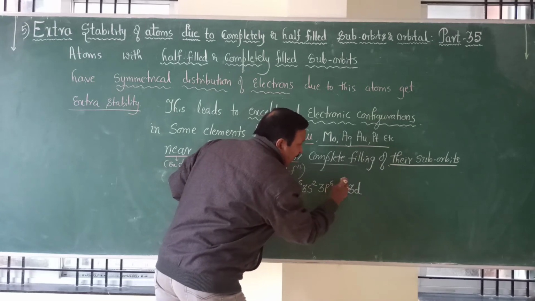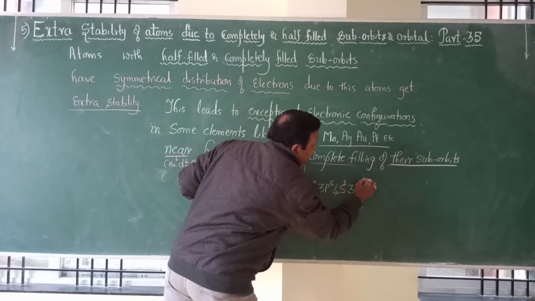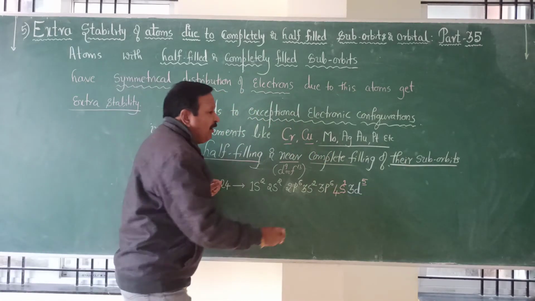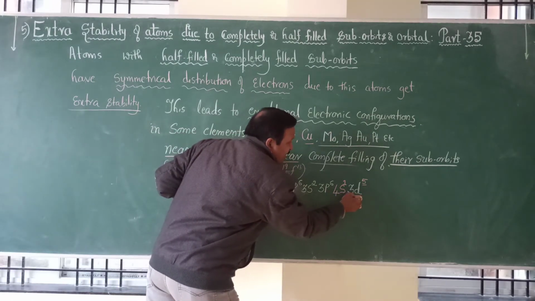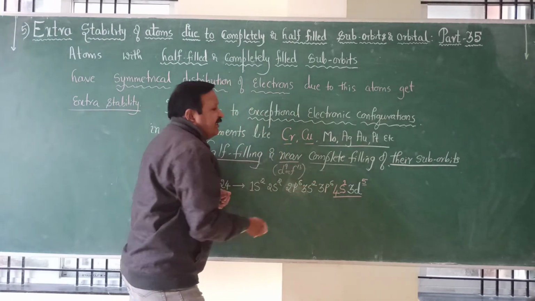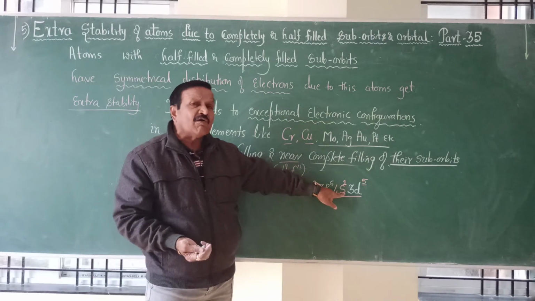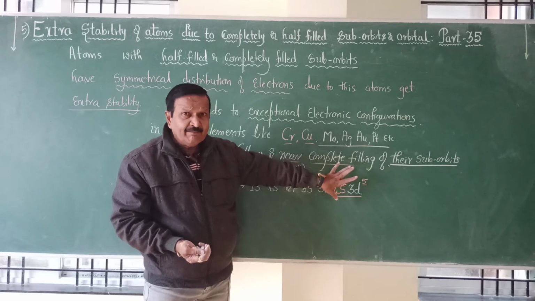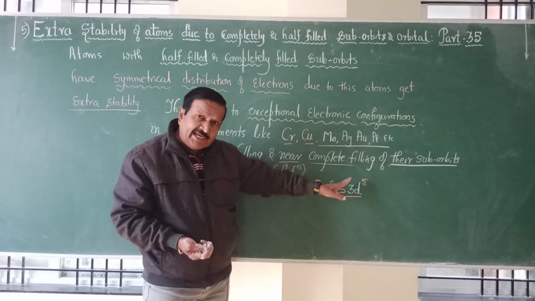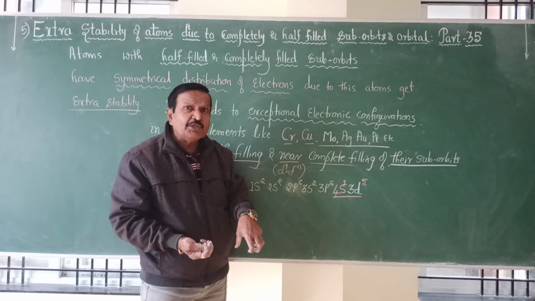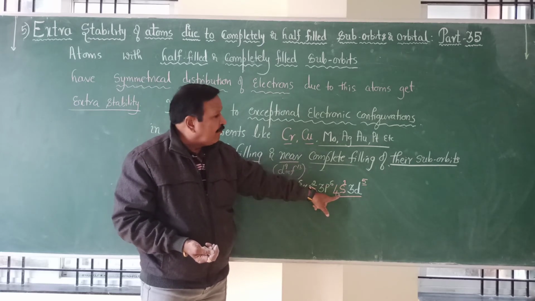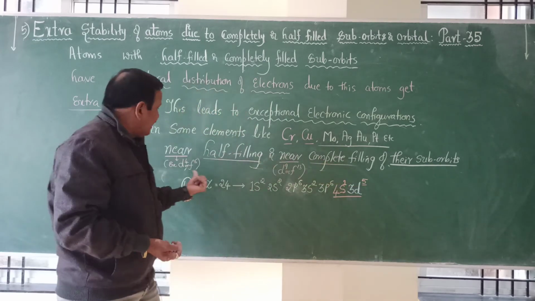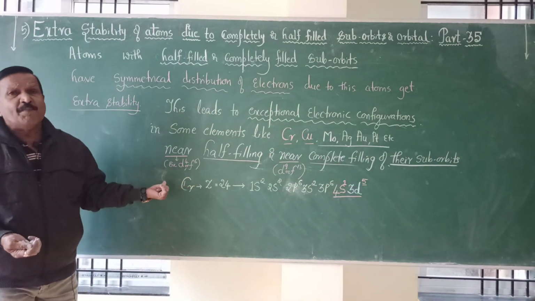Actually it should be 4s2 3d4, but we get the configuration 4s1 3d5, because 3d5 gets extra stability for chromium.